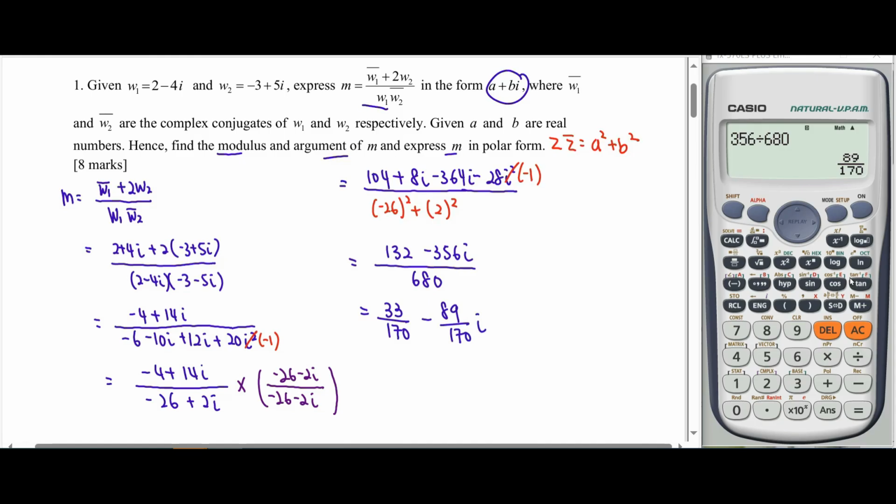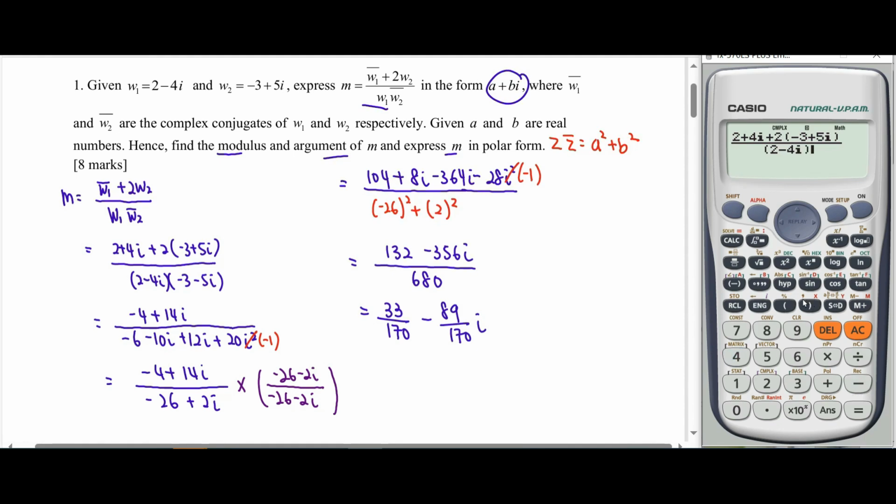So when you're dealing with these questions, you're afraid that you make some mistake and get it wrong, it will affect your question after that. Actually, you can check your answer with your calculator. So just set your mode to complex number. Then we press our question here, which is 2 plus 4i, and then plus 2 times negative 3 plus 5i, then divide by 2 minus 4i.